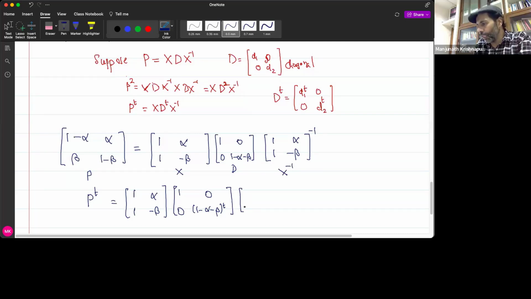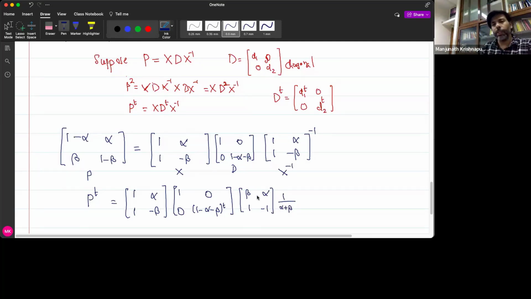Now let me write down also what is X inverse. It is not difficult to do a 2 by 2 matrix inversion. The entries on the diagonal get interchanged, and the signs of the off-diagonal entries change, and then there is a 1 over alpha plus beta.